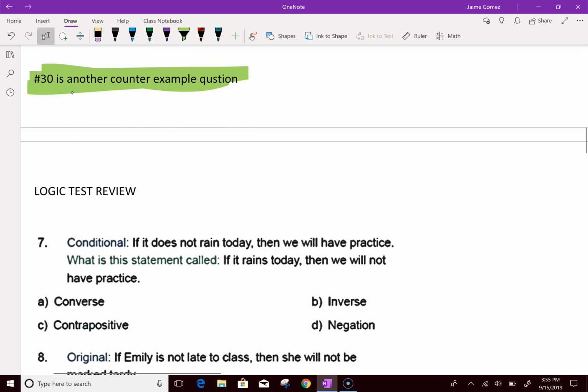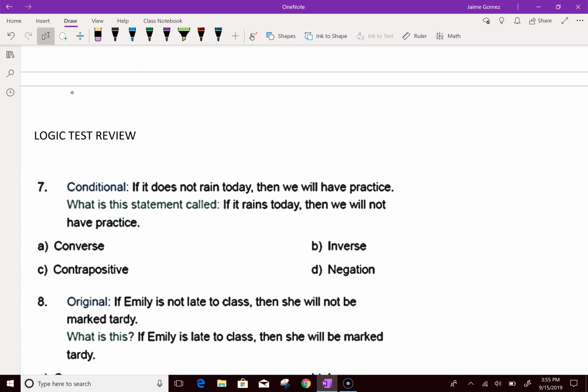Number 7. If it does not rain today, then we will have practice.